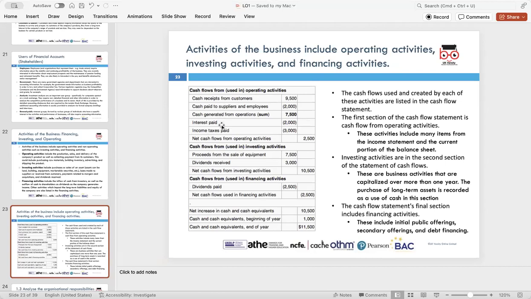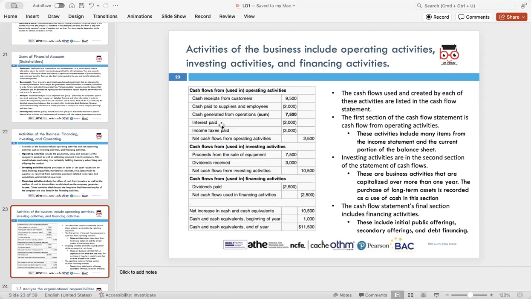Cash flow from operating activities is the first section of the statement, providing information about cash flow.